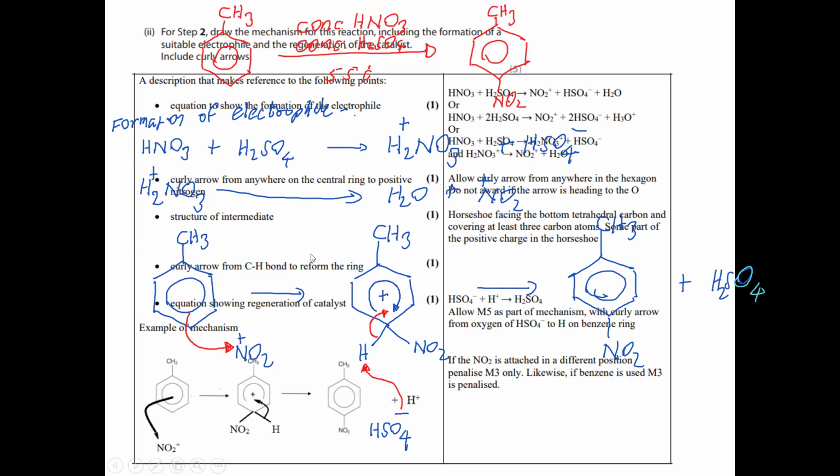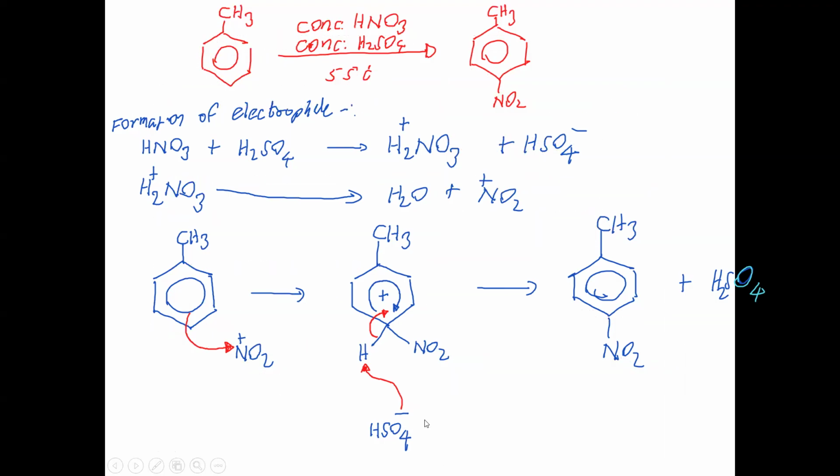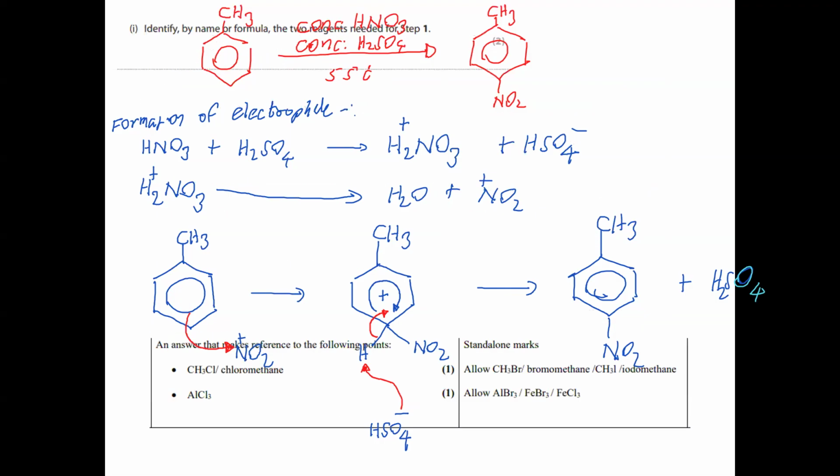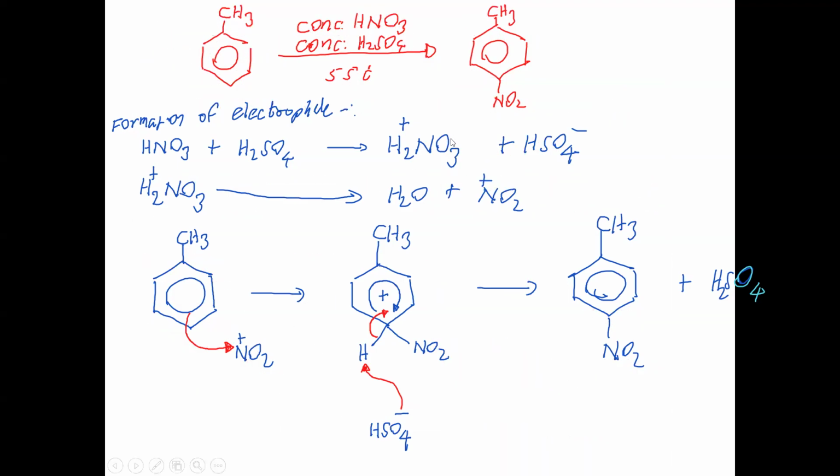Yes. Structure of intermediate is there. Curly arrow from the CH bond to the ring. Equation shows the regeneration of the catalyst. Yes. So in my case, I have shown the regeneration of the catalyst in the mechanism itself. Yes, you have all these marks. Those are the marking points that they expect us to write. So we wrote all of them. So therefore we get full marks for this mechanism.